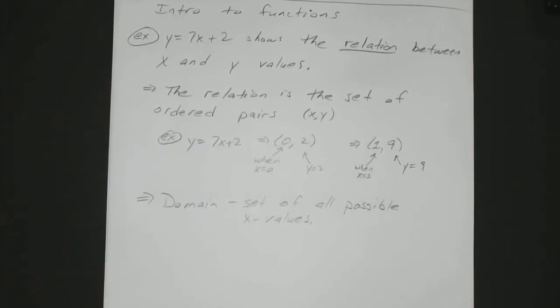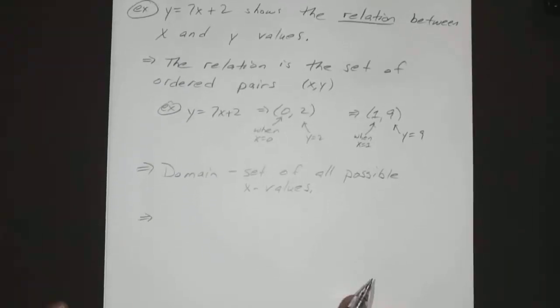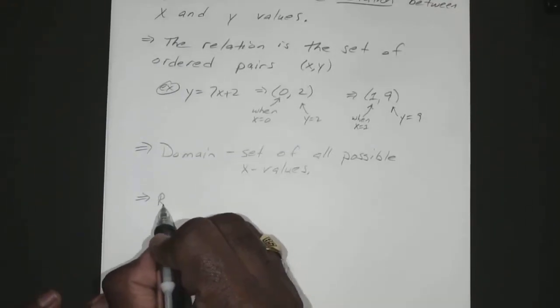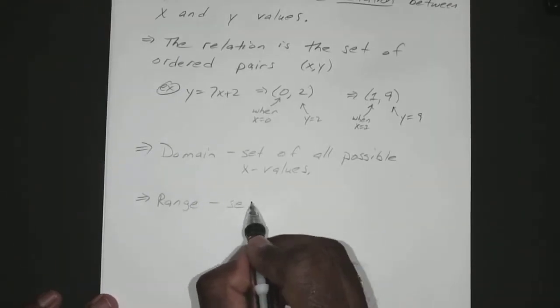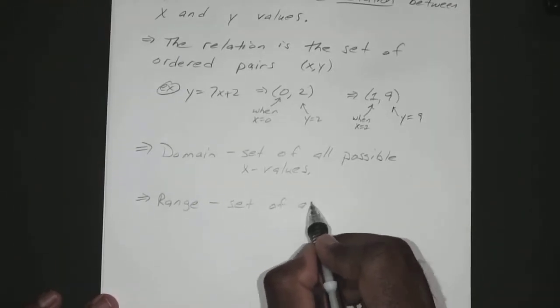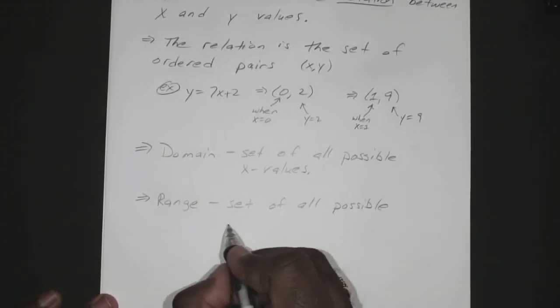And your range is just every possible y value. So within that domain, every possible y value is your range. The set of all possible y values.